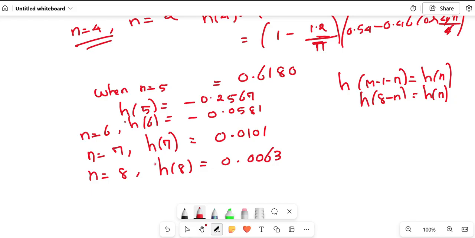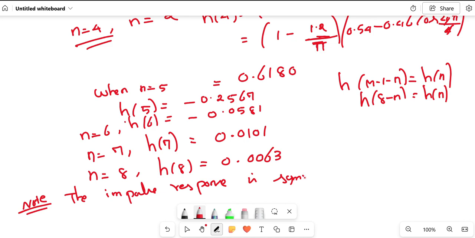So the impulse response, note, the impulse response is symmetrical with the center of symmetry at n equal to 4.